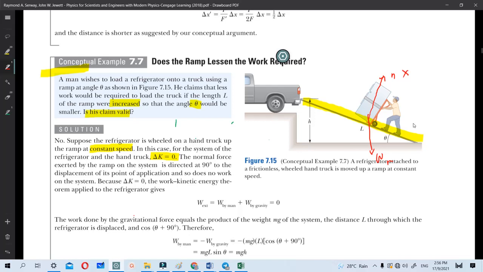And the work by the refrigerator is equivalent to something you have seen earlier, mg sin theta. So this is the work by gravity. On the other hand, this man is as well applying force parallel and in the same direction as the motion.